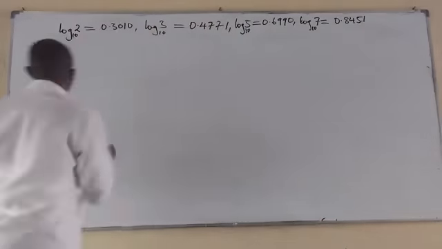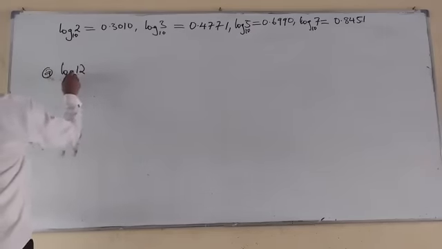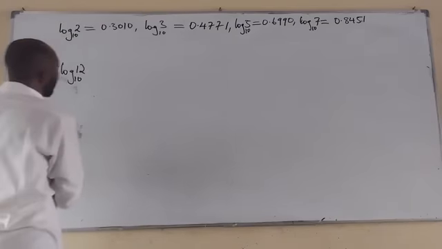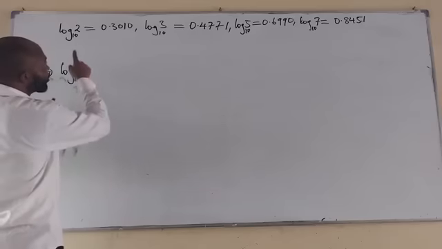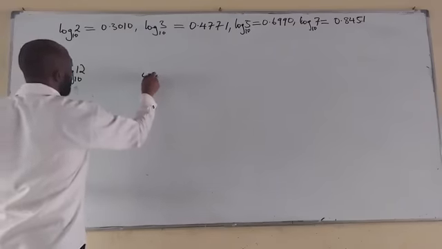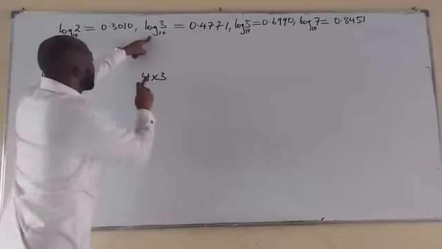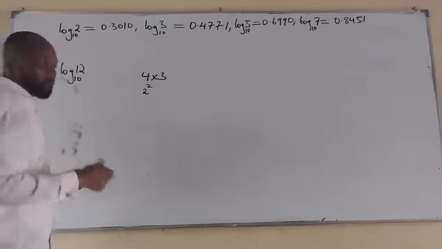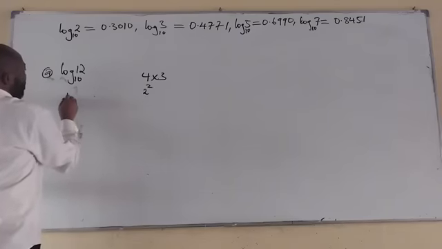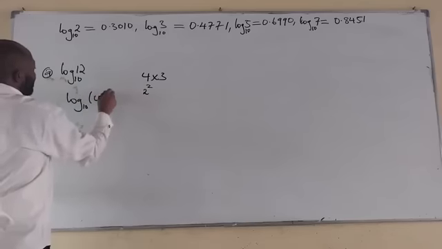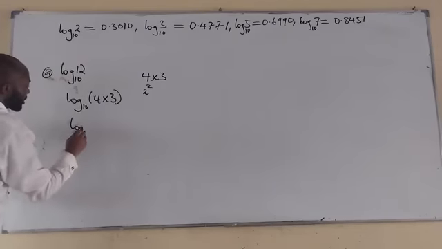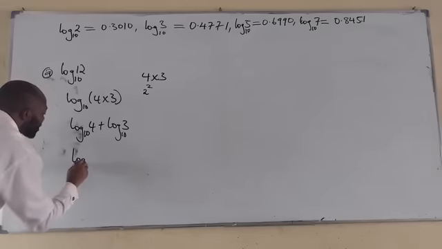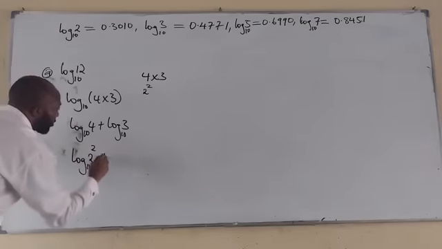Number 1: log 12 in base 10. Log 12 can be written using 2 and 3. 12 is 4 times 3, but I don't have 4, so 4 becomes 2 raised to the power 2, where the 2 multiplies the log. So this becomes log in base 10 of 4 times 3, which is log 4 plus log 3, and this is log of 2 squared plus log 3.